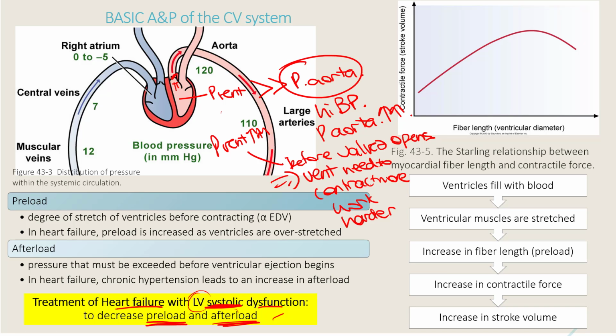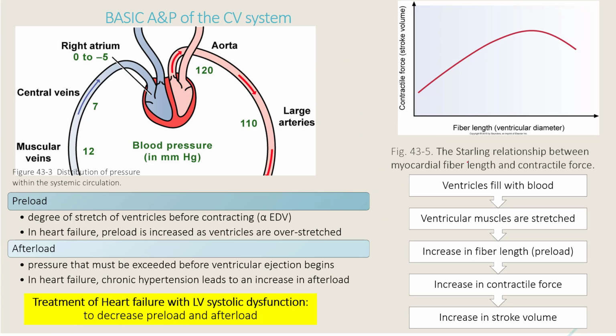The diagram on the right shows the relationship called the Frank-Starling relationship between the fiber length and the amount of contractile force. The fiber length in most cases is related to the volume of blood in the ventricles.